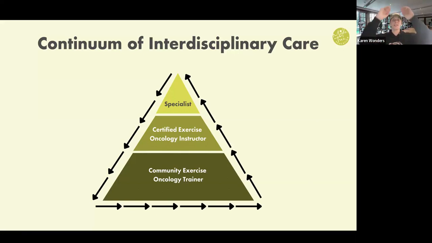So really, I think what separates one tier of this pyramid from the next is their degree and their specialty certification. Of course, a physical medicine doctor is an MD, a physical therapist generally will have a doctorate in physical therapy, and they're probably going to have some kind of specialty training in oncology on top of that.